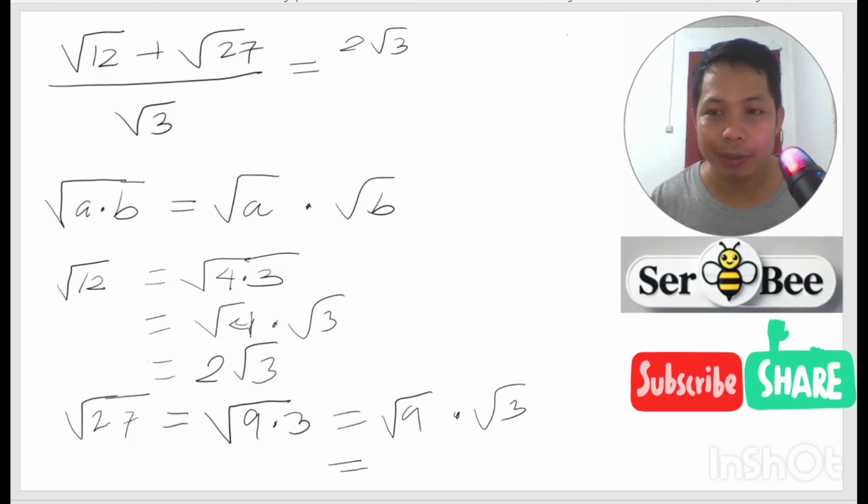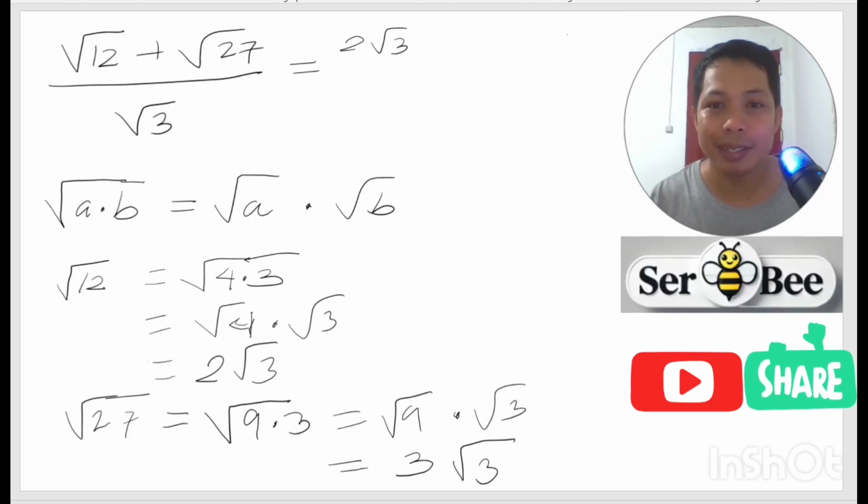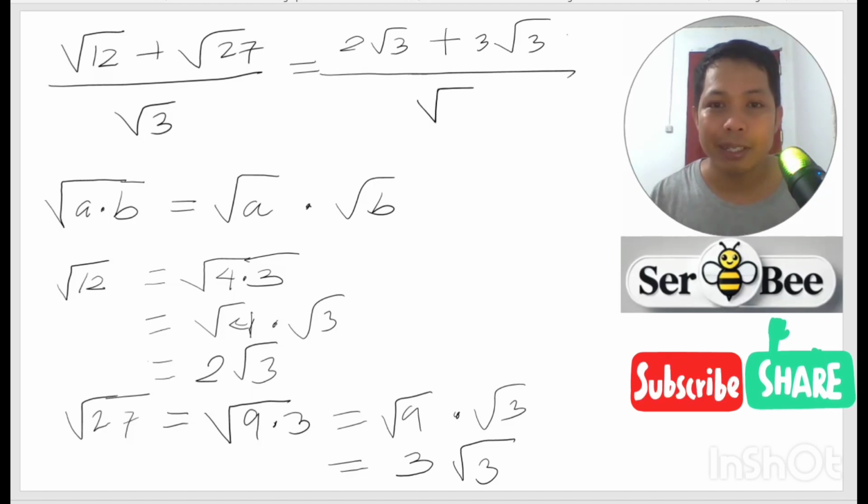What is the square root of 9? That is 3, because 9 is 3 squared. So the square root of 3 squared is simply 3, and then square root of 3. So the second term is 3 square root of 3, and then the denominator is square root of 3.